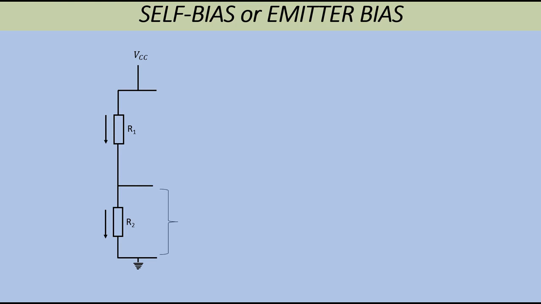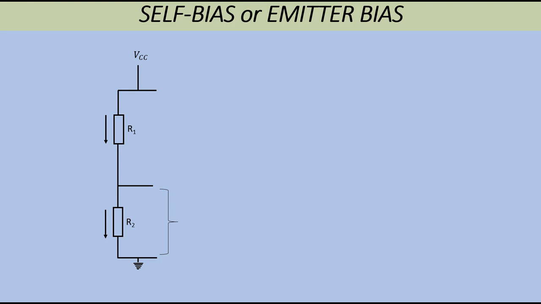Now, Thevenin's theorem says that in order for us to determine the current that's going to flow into the base of the transistor, we need to consider this part of the circuit, which is the part that provides the current.